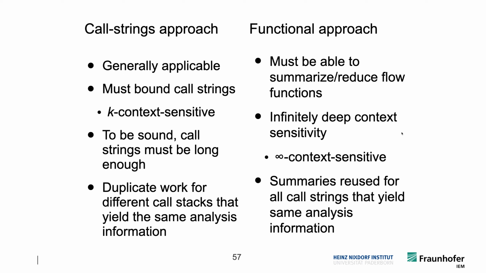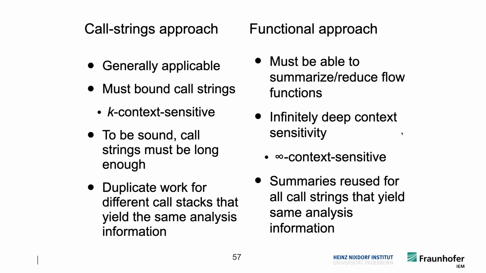Essentially the calling context strings are only encoded in terms of the data flow. So we are not storing any call sites here. We're not storing any information directly on what the call string looked like when we were calling a certain procedure. The only thing that a summary is storing is information about what the data flow in the context looked like when we were entering the procedure.